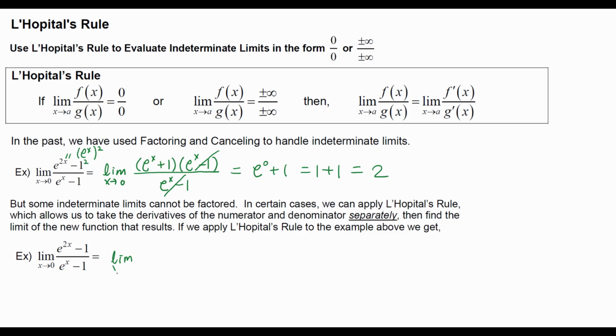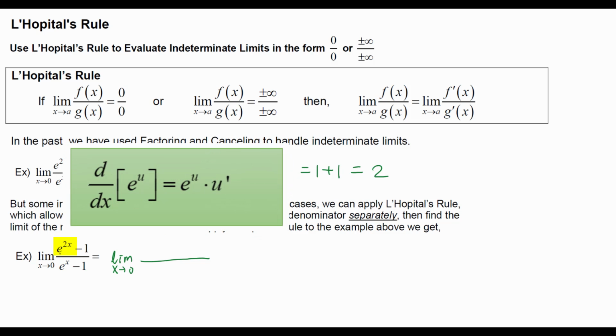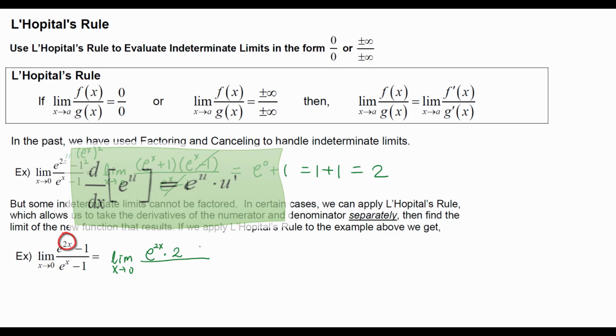If you take the derivative of the numerator, this is not e to the x, so it's e to the u. So the derivative of e to the u is e to the u times u prime by chain rule. So you get e to the u, your u is 2x, times u prime, since u is 2x, u prime is 2.